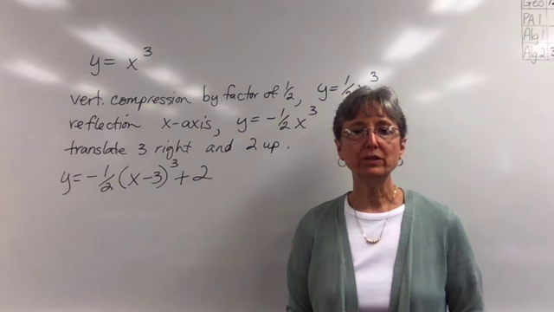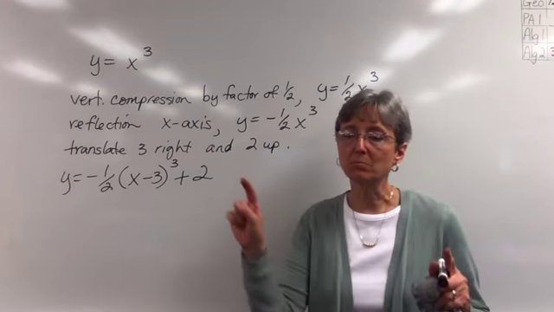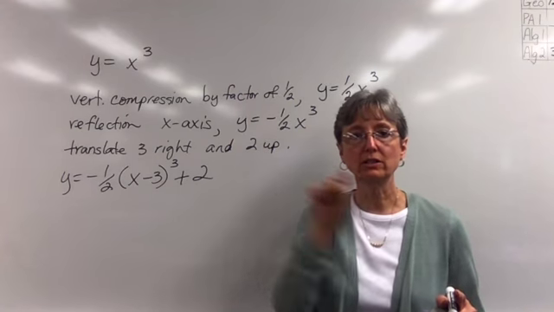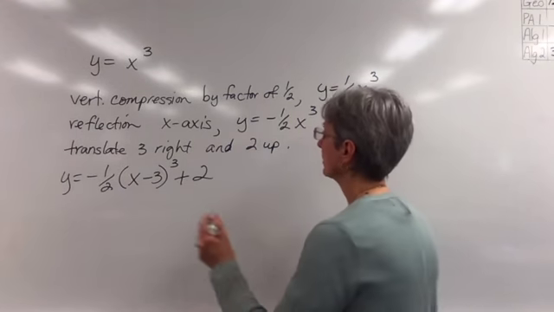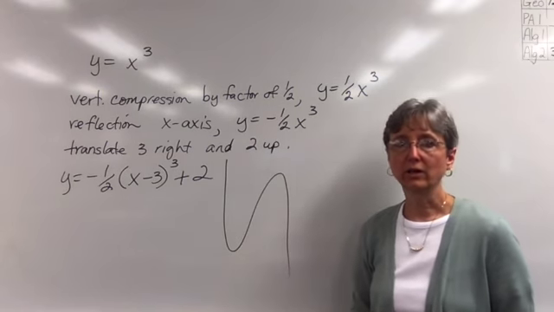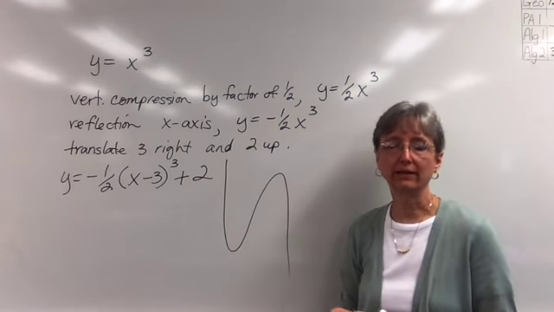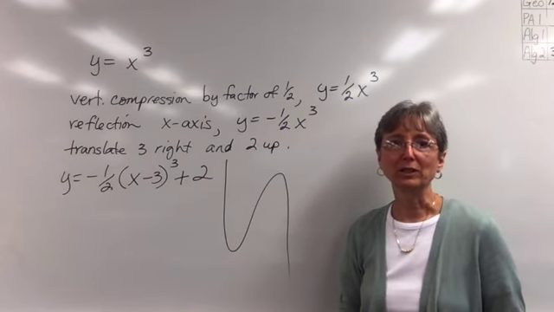We can't do this with all cubic functions. This is just the basic parent cubic function that looks like this. If we had a cubic function that looked like this, there's no way that we're going to be able to do these kinds of things. But some of them we can, and those that we can, we will.